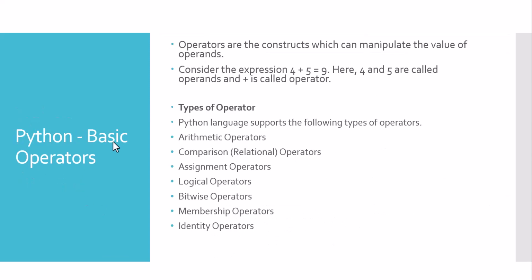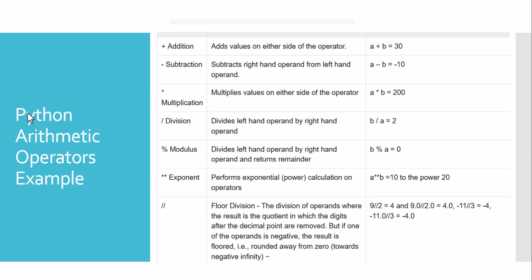Firstly we will cover the arithmetic operators, then comparison operators, then assignment, then logical, and one by one we will cover them. Okay. So here is the first, arithmetic operators. In arithmetic operators, for example, 10 and 20 are two variables. If you want to add, you can use addition. If you want to subtract, multiply, divide, these are known as the arithmetic operators.